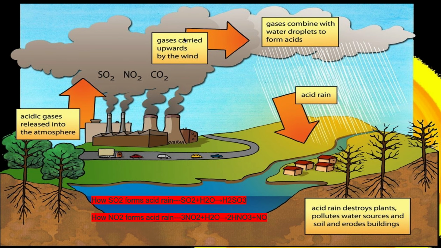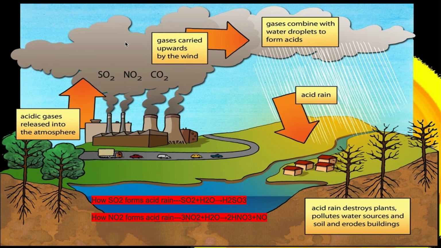And here's a picture that shows the process of acid rain. So let's go through it. Firstly, there are some gases, as I said before, such as sulfur dioxide, nitrogen dioxide, and also carbon dioxide, which is the reaction I mentioned at the very beginning of this presentation. As we learned in chemistry class, the particles of gases are able to move freely around.